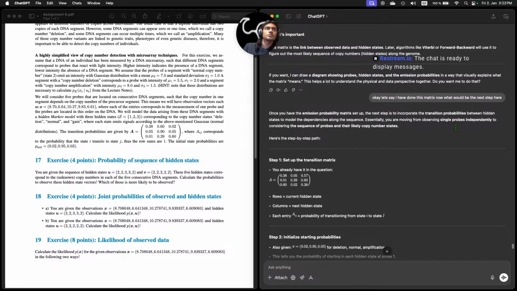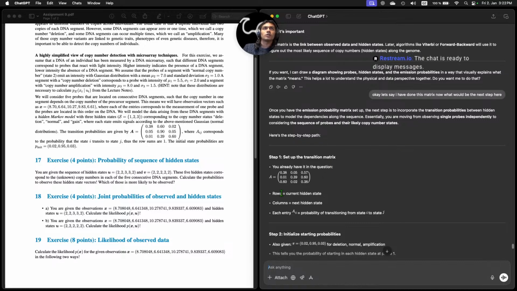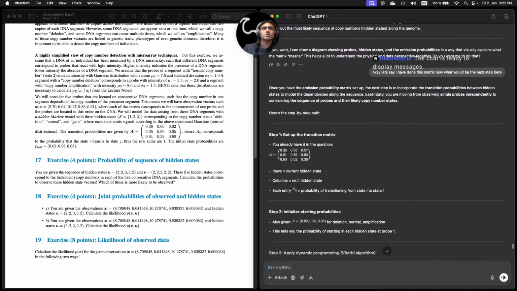Essentially, you are moving from observing single probes independently to considering the sequence of the probes and their likely copy number states. Here is a step-by-step path. So you set up the transition matrix. Rows are current hidden states, columns are next hidden states. Each entry is the probability of transitioning from state i to j.